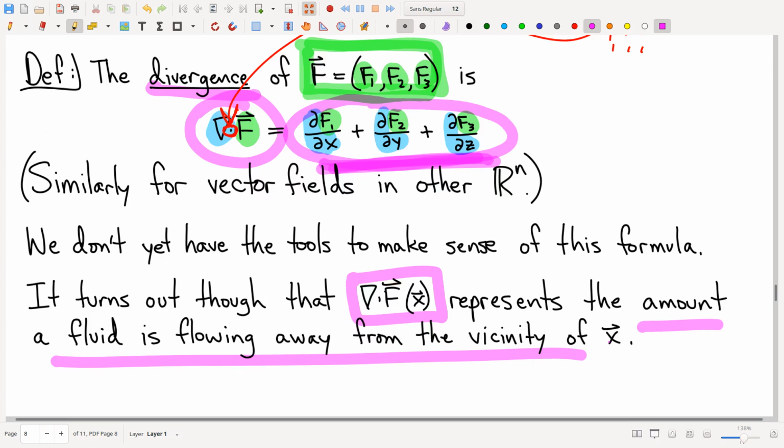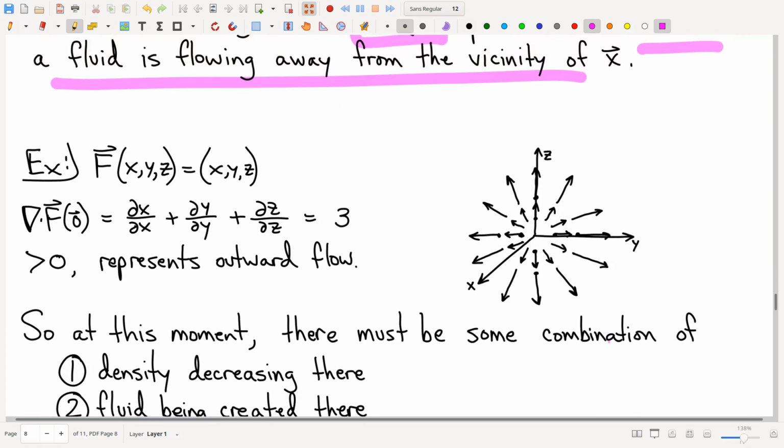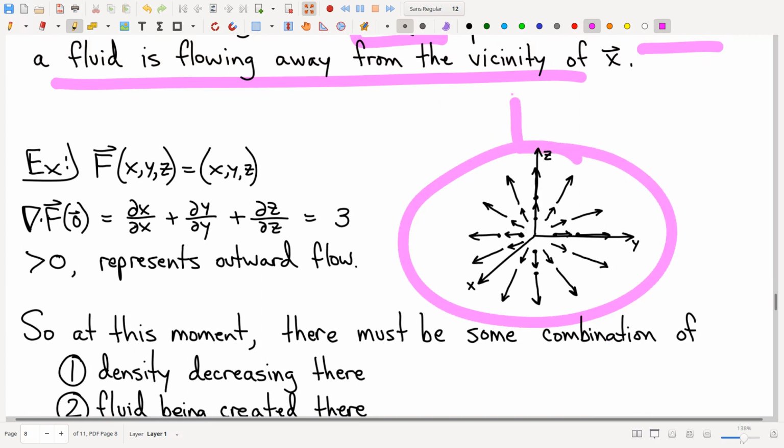So to what extent do you have something that looks kind of like this? This is a great example of what I'm talking about with divergence. You see how the fluid is all flowing outward away from the origin. Does that make sense?